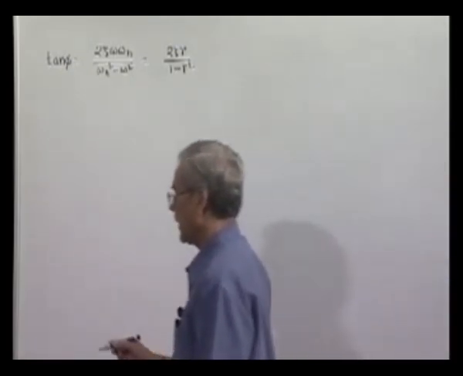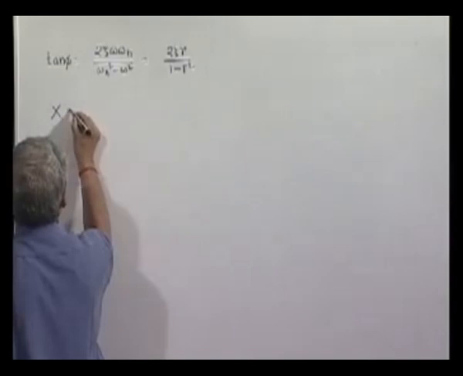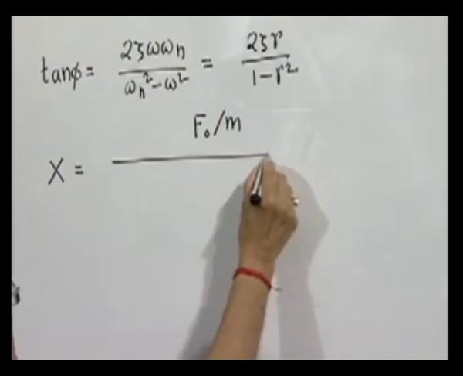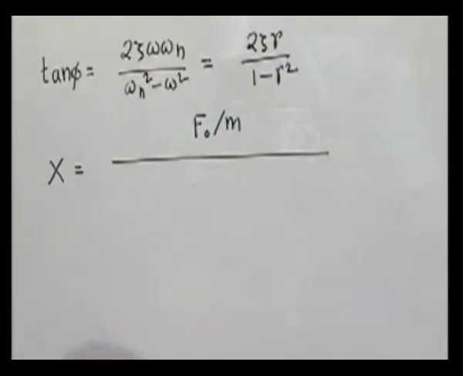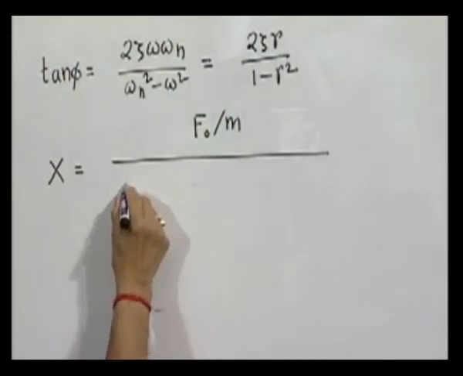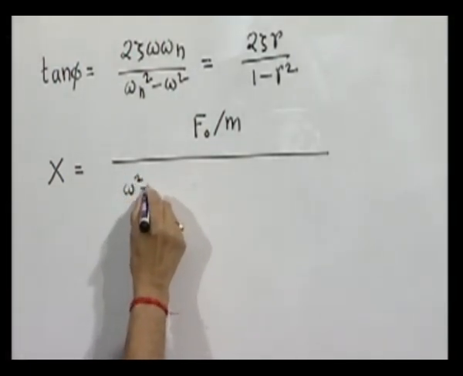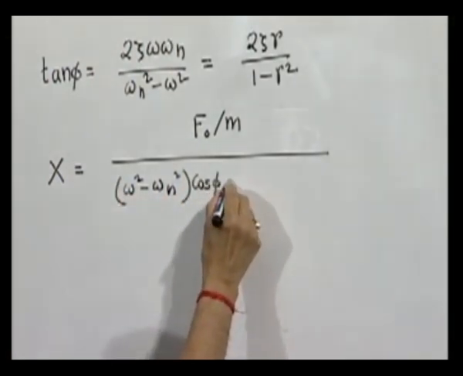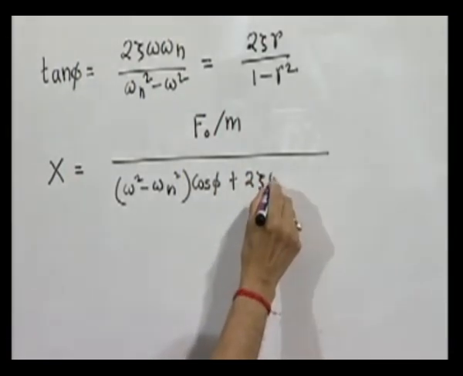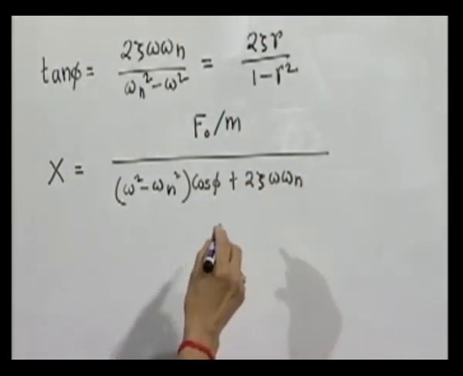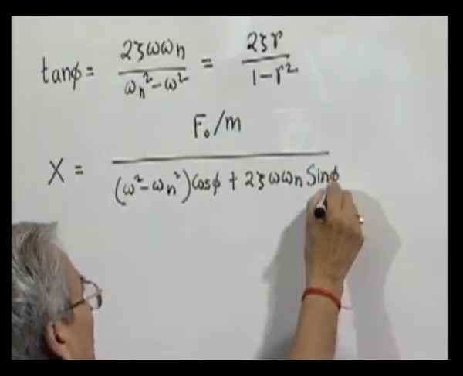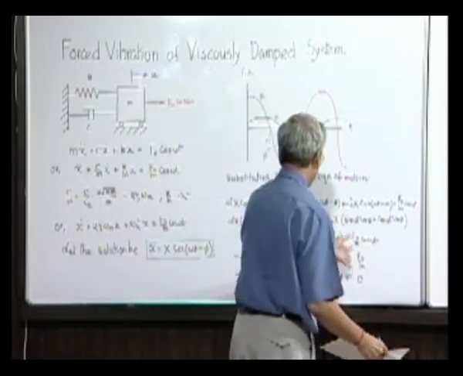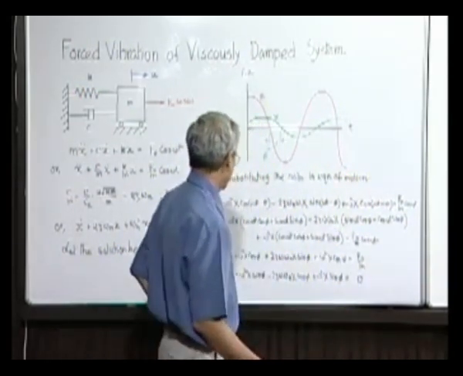The first equation will tell us x is equal to, so we take x common and divide f0 by m by the coefficient of x.